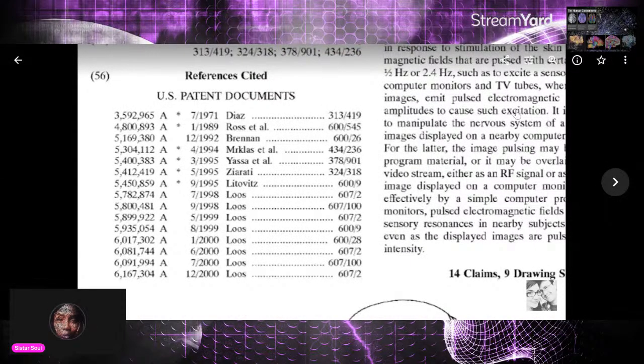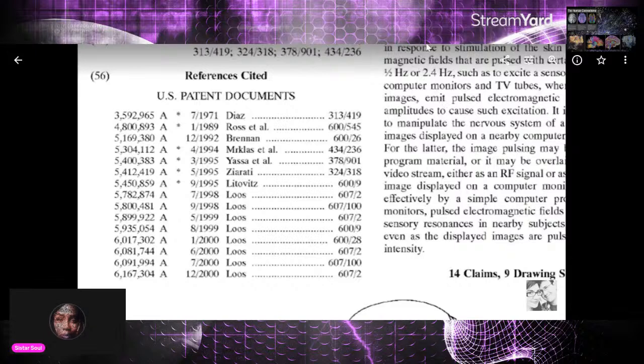It says that in response to stimulation of the skin, magnetic fields that are pulsed with certain half hertz and 2.4 hertz, such as to excite a sensory system in the computer monitors and in TV tubes. When certain images emit pulsed electromagnetic waves in amplitudes to cause such excitation, it is to manipulate the nervous system.